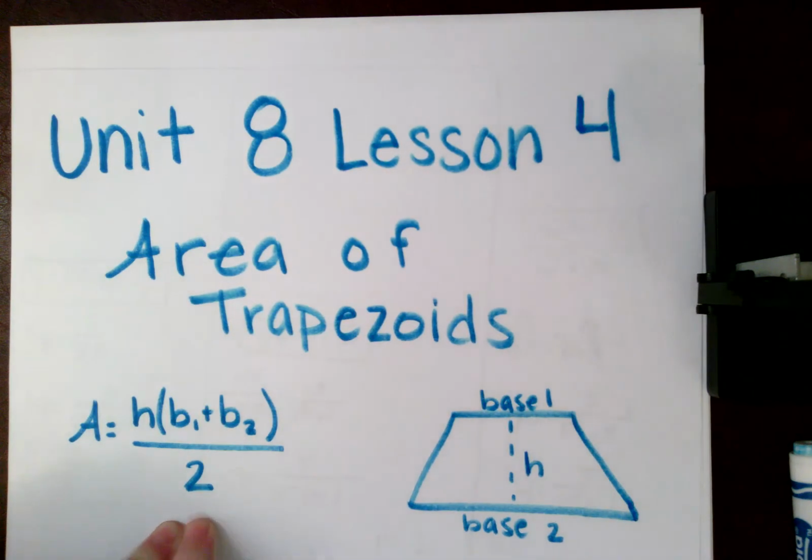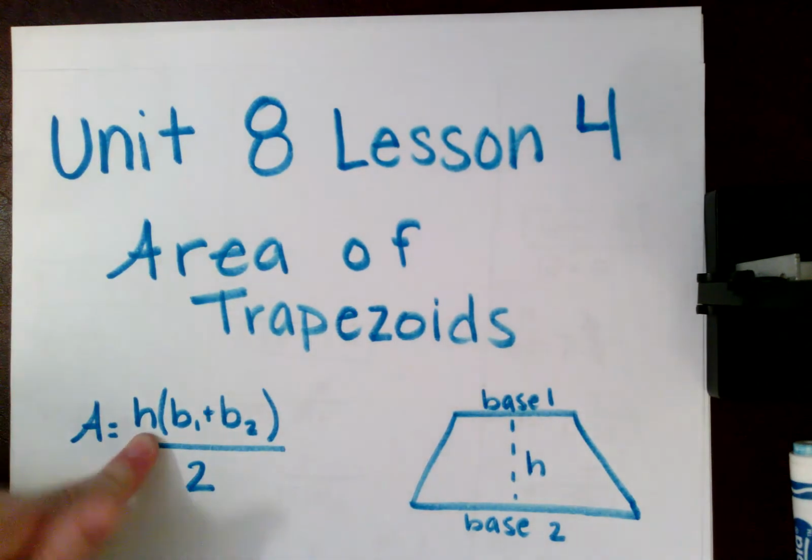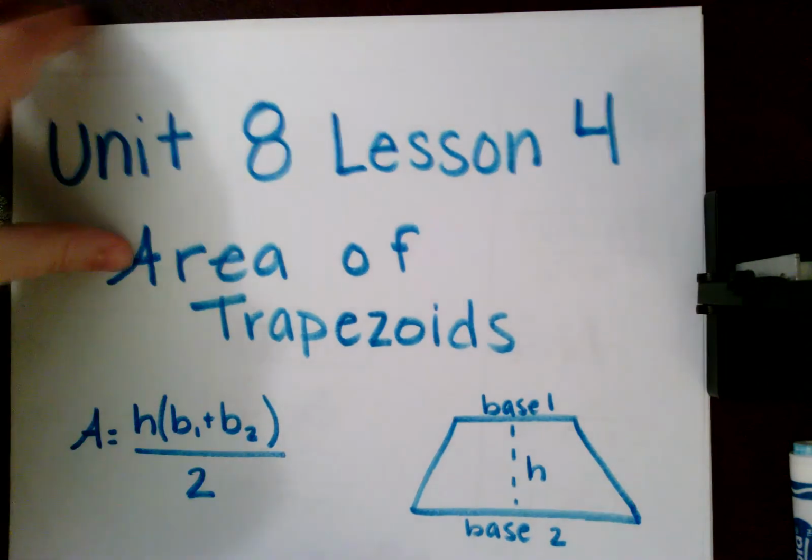So in this video, not only are we going to be reviewing how to solve for area, but we're also going to be reviewing how to solve for height, how to solve for base 1, and also how to solve for base 2. So we're going to be doing 4 different problems within this one video. So let's get right to it.